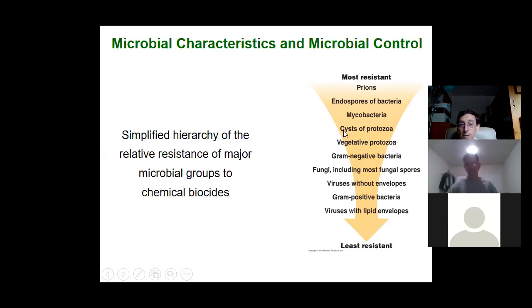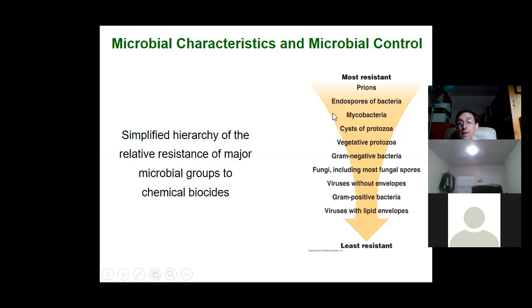And then this is one that is in a cyst, and it's less active metabolically, and so it's much more difficult to kill. And generally, the cysts are what survives when it's ingested by a host, whereas most of the stomach digestive acids and juices will kill the vegetative protozoa, but not the cysts of a protozoa.